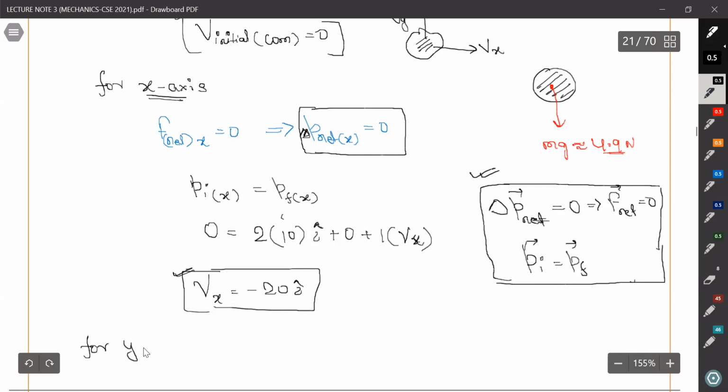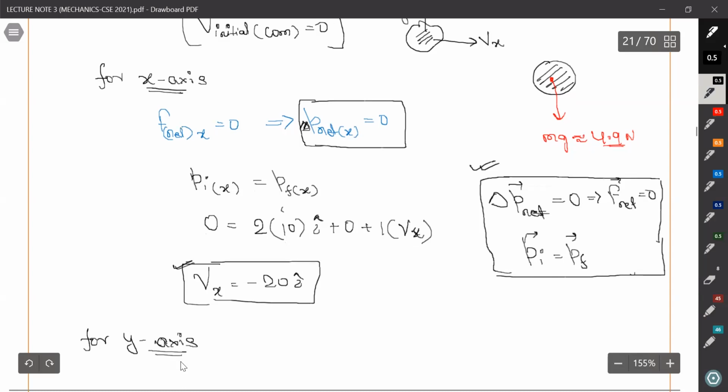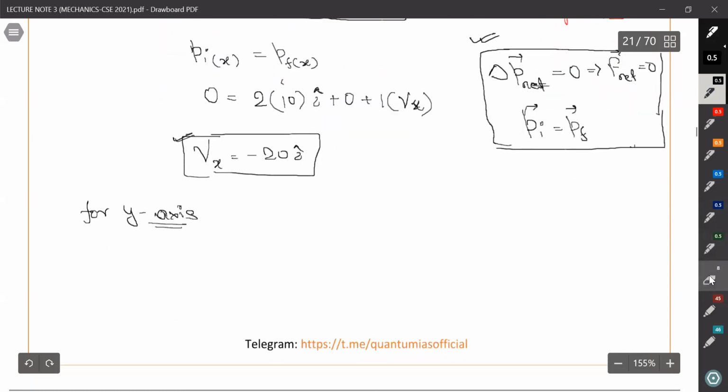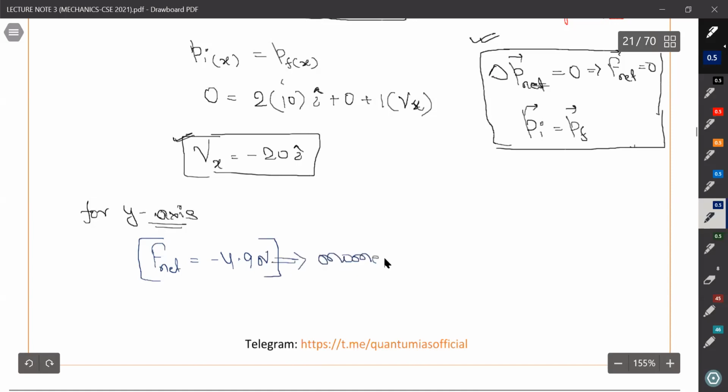For the y-axis, what will be the F net? F net is minus 4.9 Newton. It's true. Momentum is not conserved.